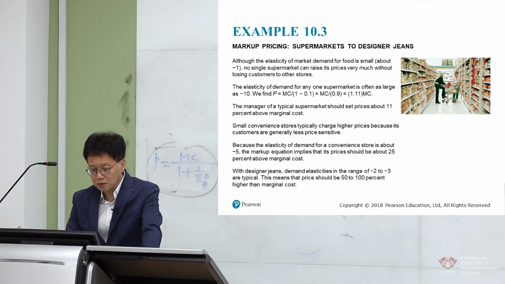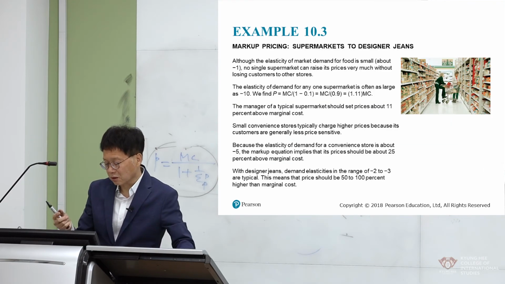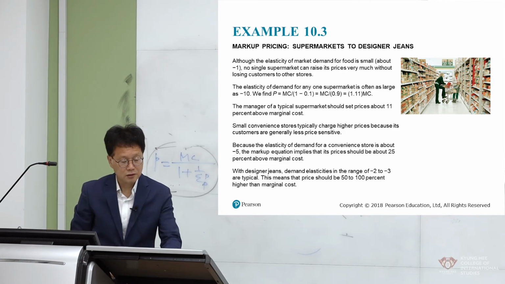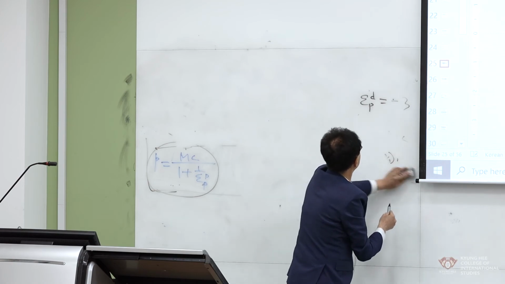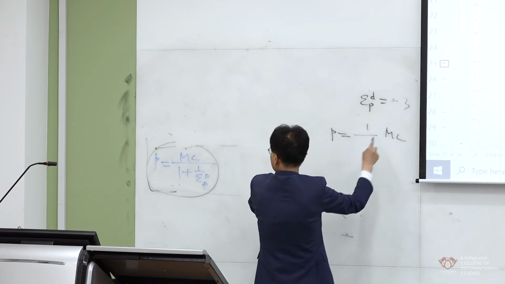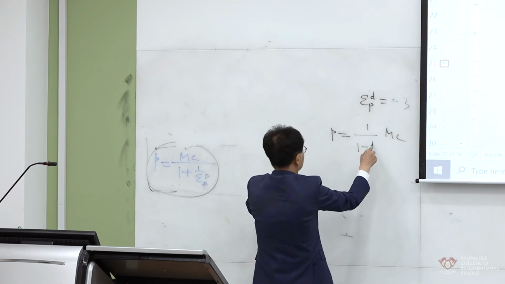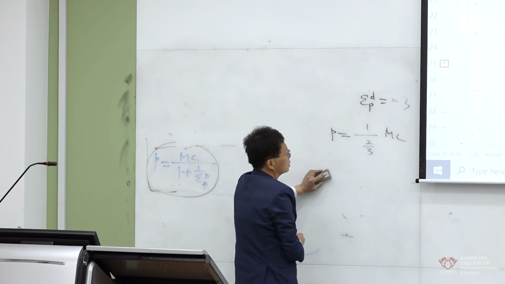So if this is -3, okay, then we go to the next example, 10.4. Before that, I'd like to explain one more. If this one is -3, the calculation is the same. Then marginal cost over 1 minus a third. A third means 2/3, right?